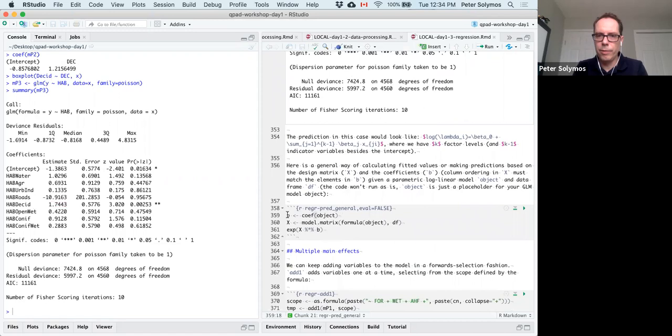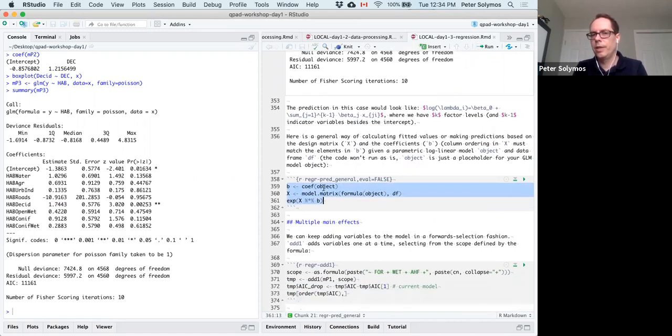So a general way of getting the prediction is to get the coefficients and get this model matrix. If you want the model matrix for this model that we just did, which is called MP3, it's going to be huge.